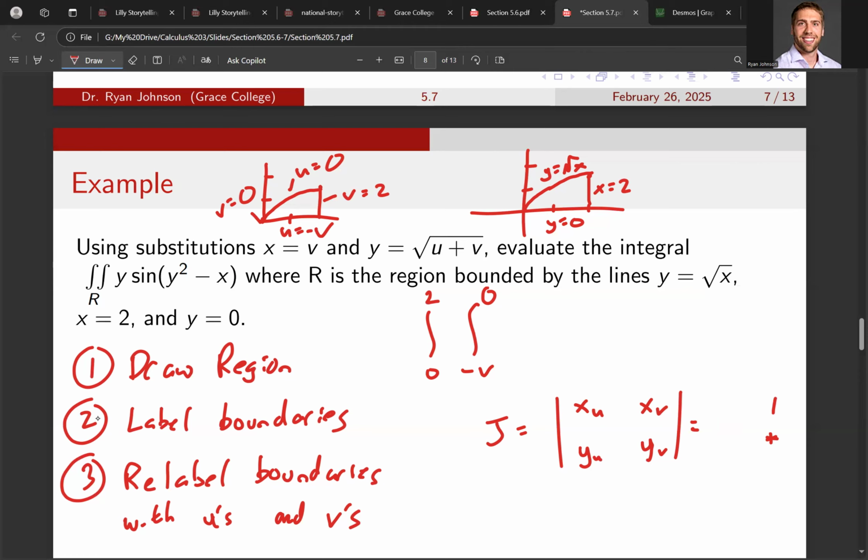Oh, I need more space. Well, y sub u is going to be u plus v to the negative 1/2 times 1/2.